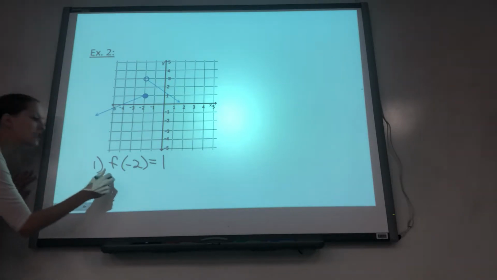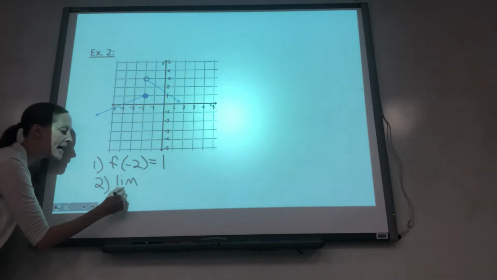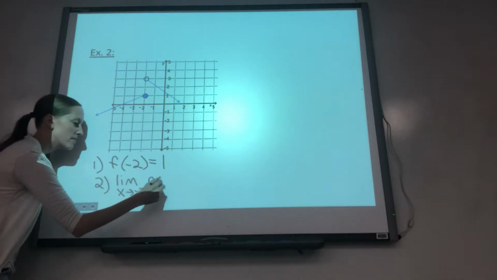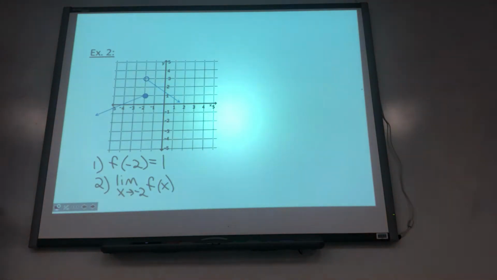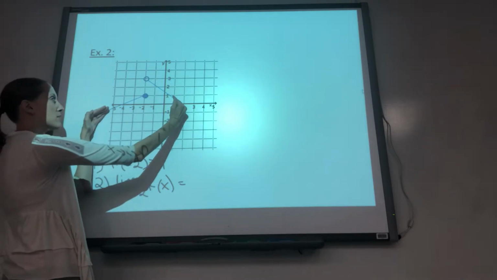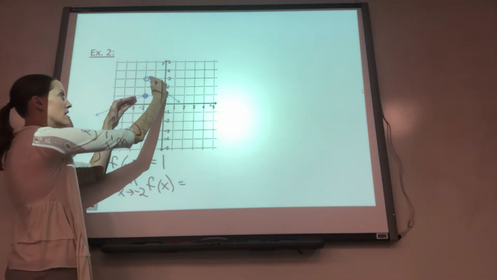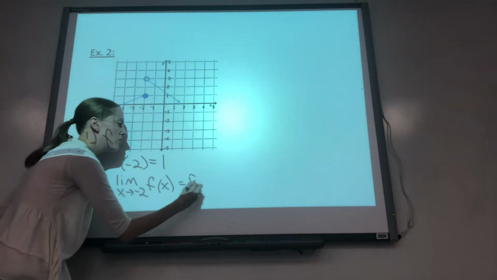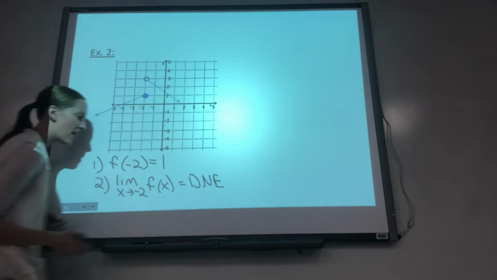Now, for condition 2, I'm looking at the limit as x approaches negative 2 of f of x. The second condition says that this limit has to exist. So what would you say about the limit as x approaches negative 2? Does not exist because it's going toward two different y values.